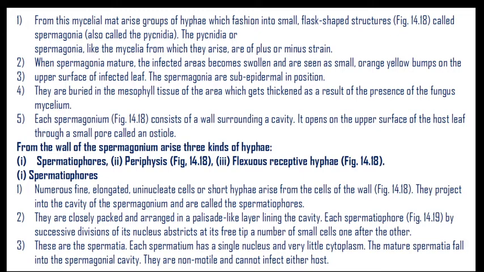At that time they can develop three different kinds of hyphae. First of all, the spermatiophores. These are numerous fine, long, elongated, uninucleated, short hyphae which arise from the cell wall, and they project into the cavity of the spermagonium and are called spermatiospores.